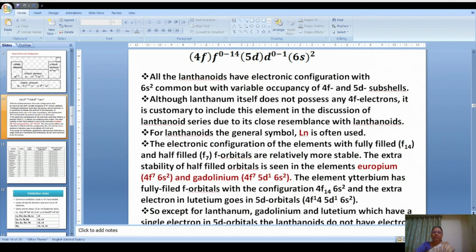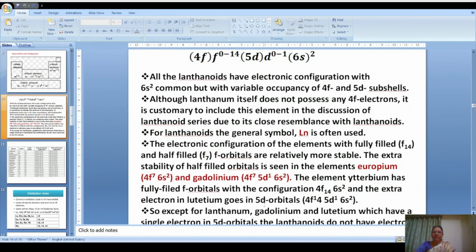The electronic configuration of elements with fully filled, that is f14, and half filled f7 orbitals are relatively more stable, and this extra stability of half filled orbital is shown in europium and gadolinium.